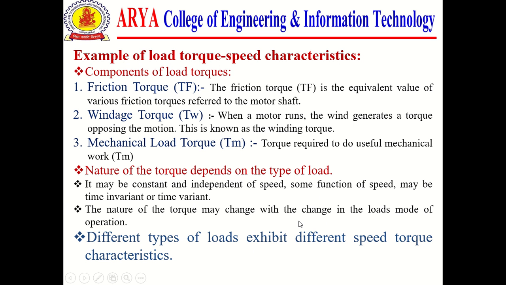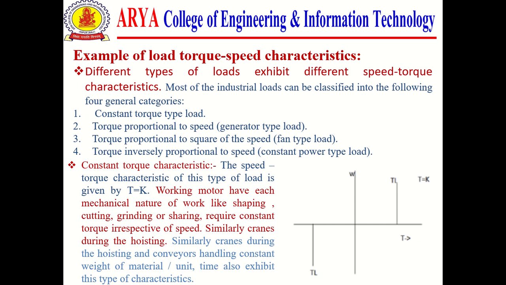Whenever we introduce drives, we have already made clear that the operation will be in four quadrants: forward motoring operation, forward braking operation, reverse motoring operation, and reverse regenerative braking. Different types of loads show different speed torque characteristics. Coming to the next slides, we see that different types of load exhibit different speed torque characteristics.